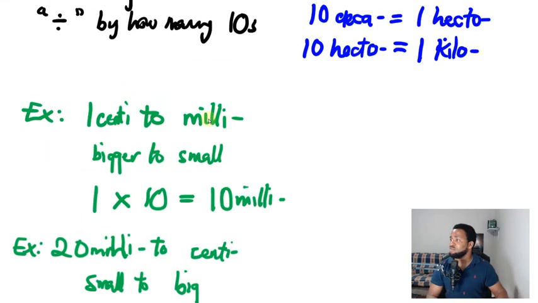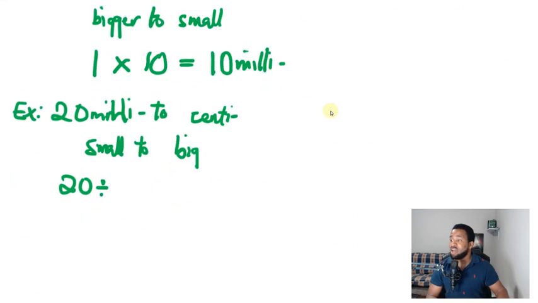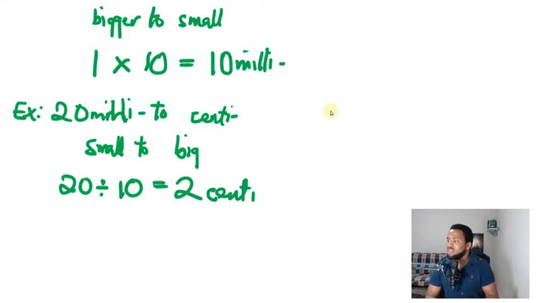Milliliters, which makes centimeters. In this case here, 10 milliliters makes 1 centimeter. So 10 is going to be the factor that you're dividing. So therefore, 20 divided by 10 is equal to what? 2. And in here, our answer is in centi units, whatever units you have.